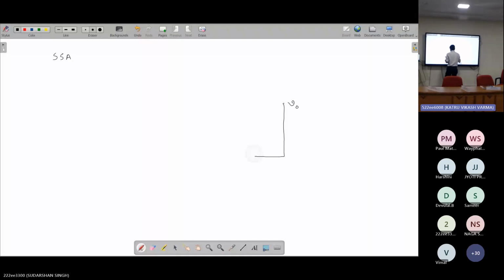So there is a sensor gain which I am considering as kV. That is nothing but your resistance divider circuit gain. Now this one I am comparing with a reference voltage.